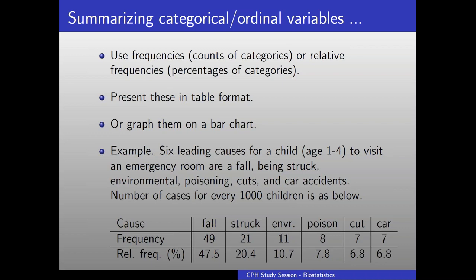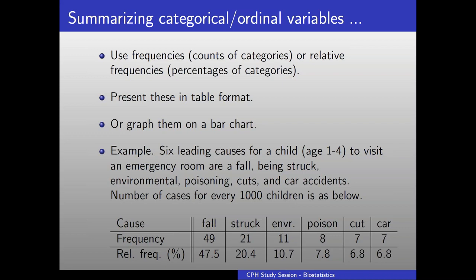So then you could use something called relative frequencies, which could be represented as either proportions or percentages of categories. Okay? That is, I had 40% whites, 50% blacks, 10% Hispanics, things like that. Okay? What you can do is present these in table format, okay? Or you can graph them on a bar chart.